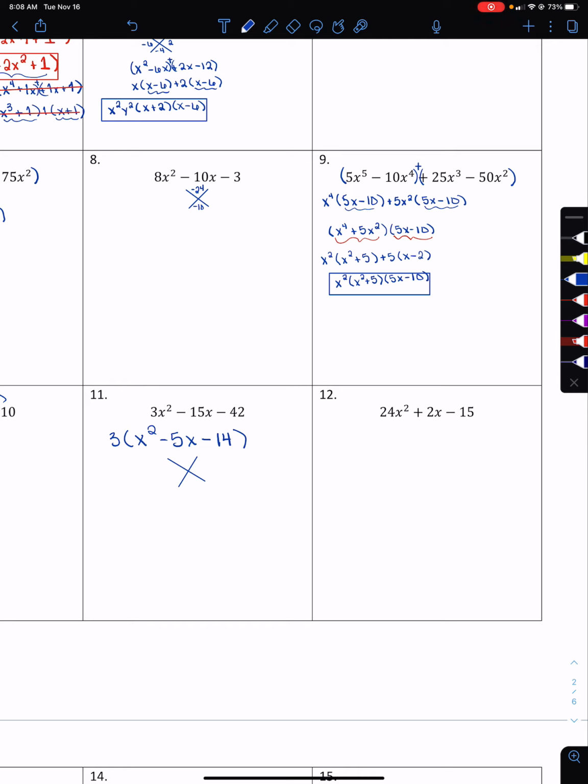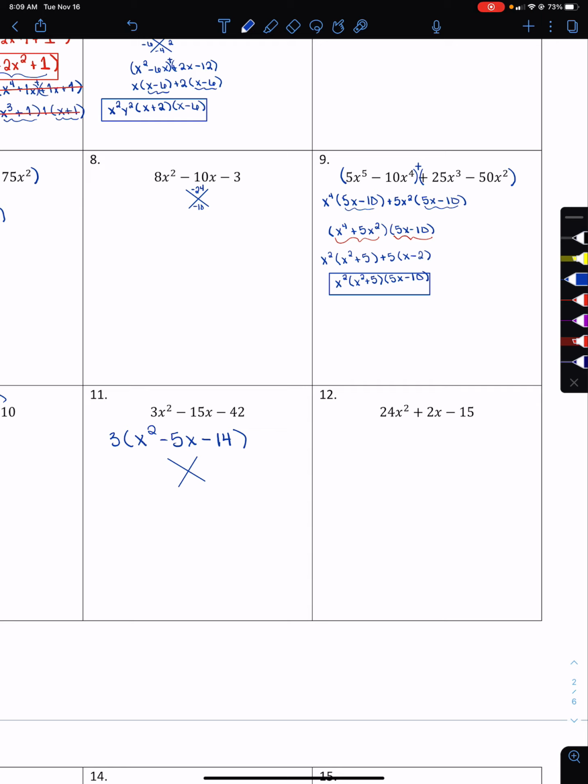Nothing that we can factor out. This would be a very large value, but you would take 24 times 15. Is there anything that can multiply to 360 and add to 2? You can check all those values. I'm not telling you not to.